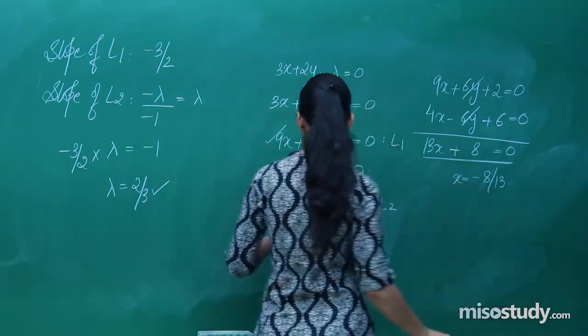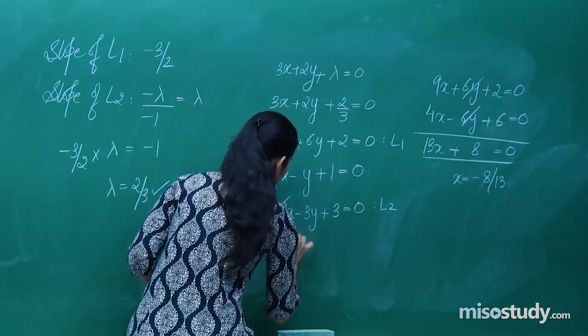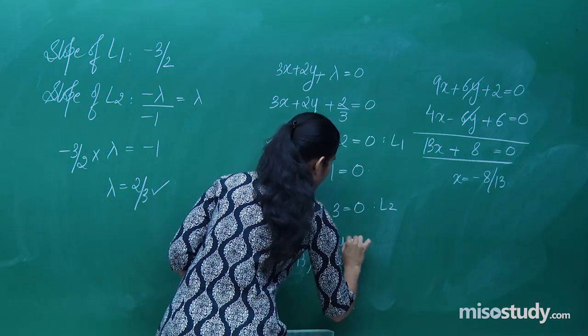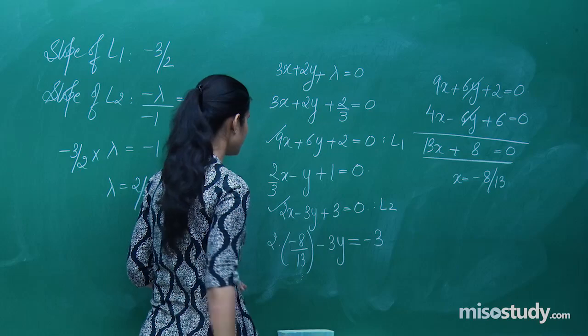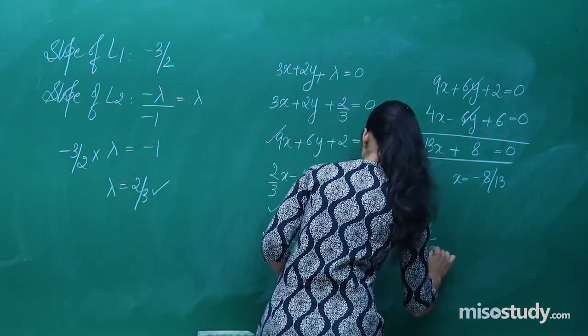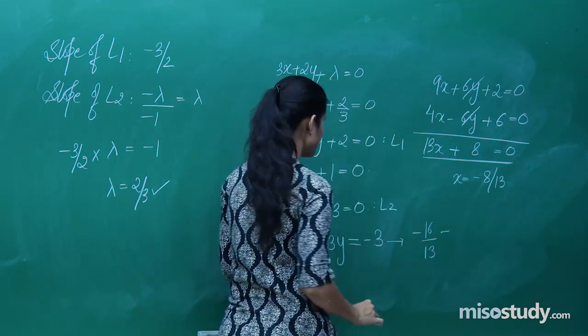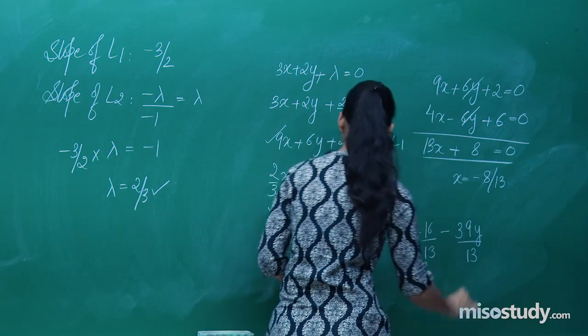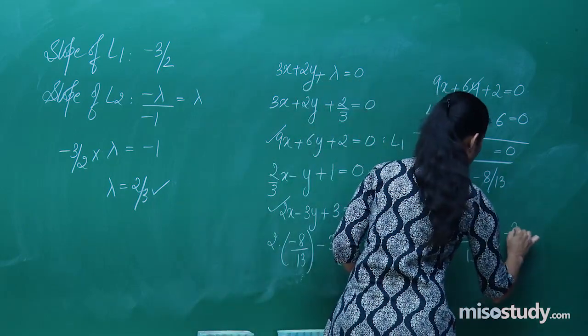When you plug this value in this equation, 2 into minus 8 by 13 minus 3y equals minus 3. You get minus 16 by 13 minus 39y by 13 equals minus 3.